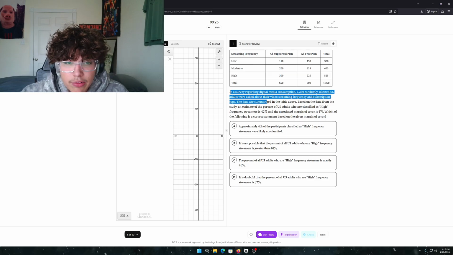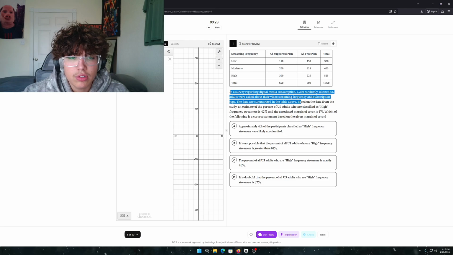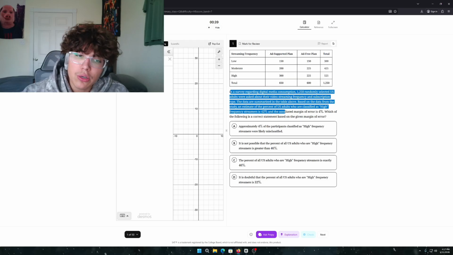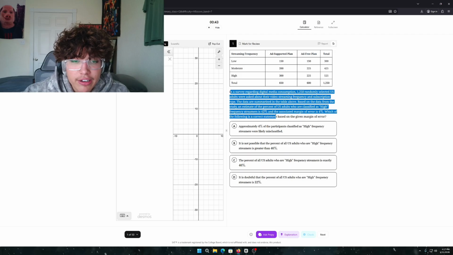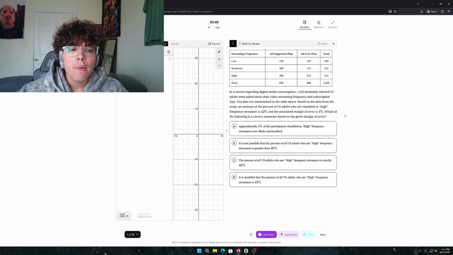The data are summarized in the table above. Based on the data from the study, an estimate of the percent of adults who are classified as high frequency streamers is 42%. The associated margin of error is 4%. Which of the following is a correct statement based on the given margin of error?